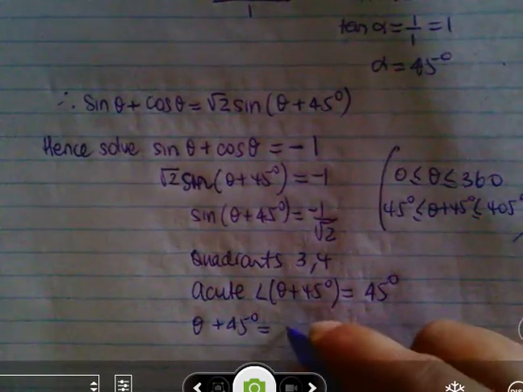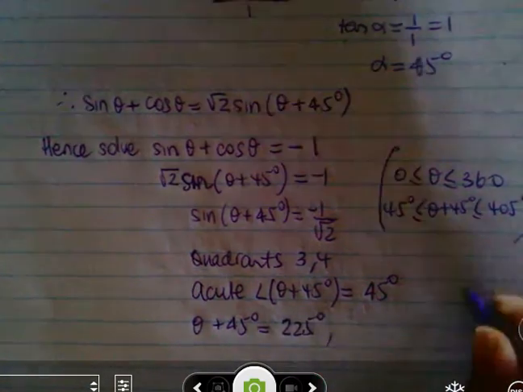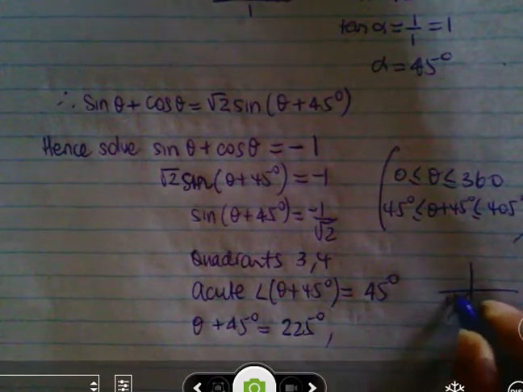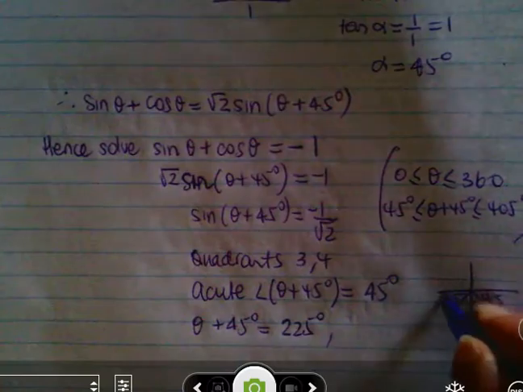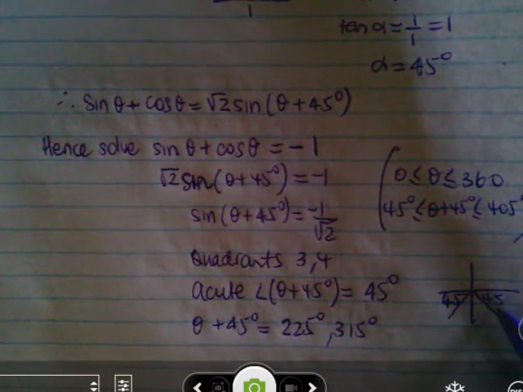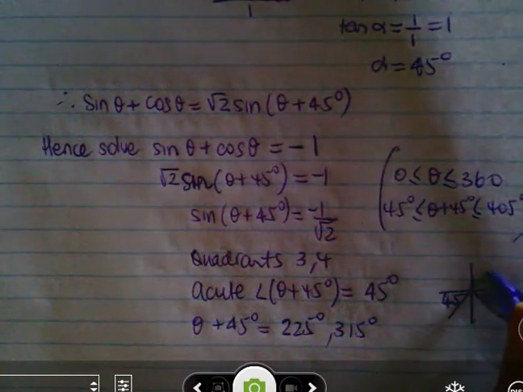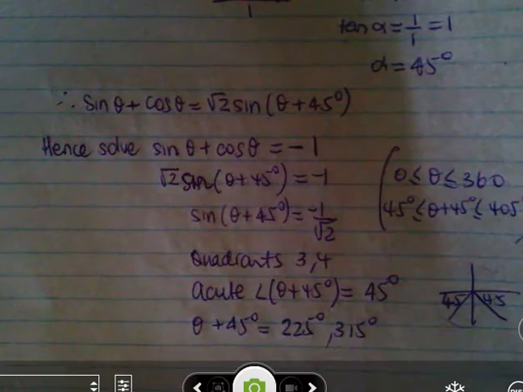So it's 180 plus 45, which is 225. I'll just do the sketch here. And the other one will be 360 minus 45, which is 315. Now, do we keep going round? We start from 45, we stop at 405. There's nothing there in quadrant 1 anyway.